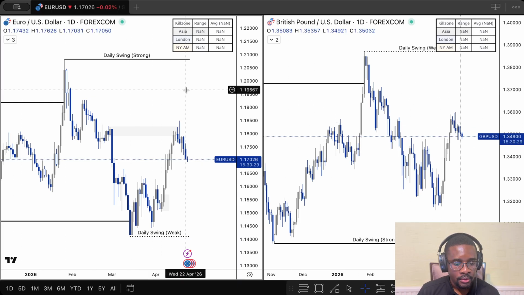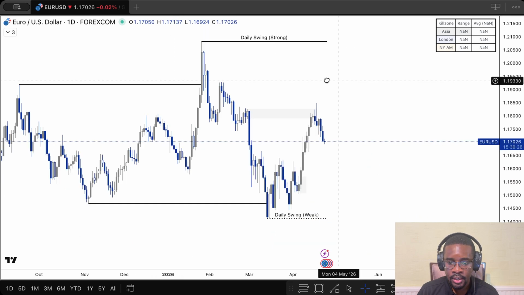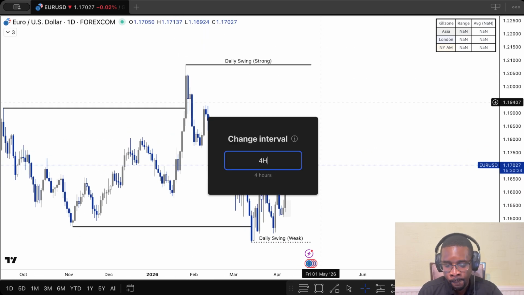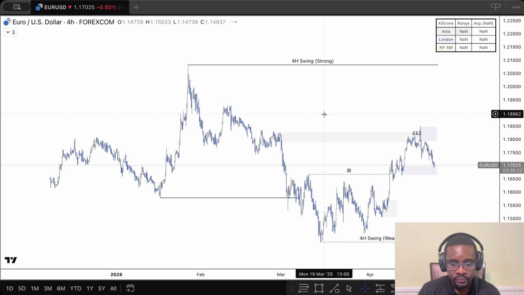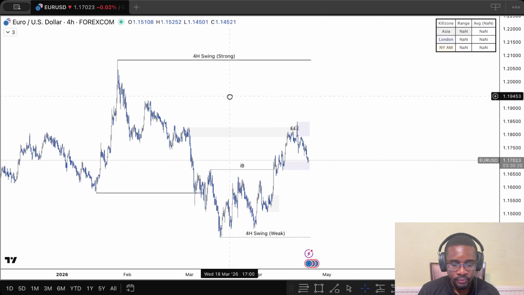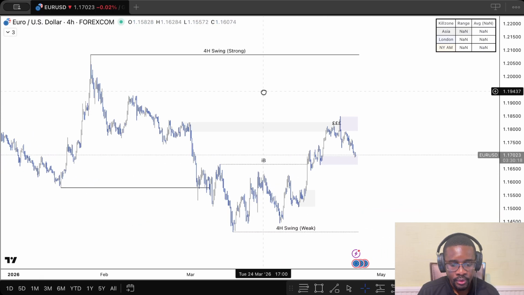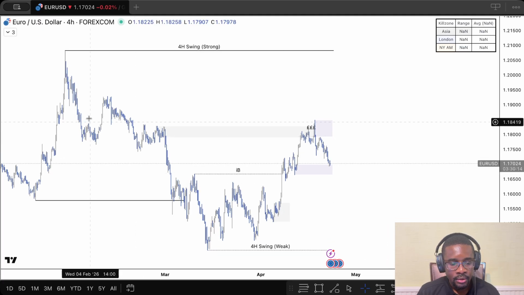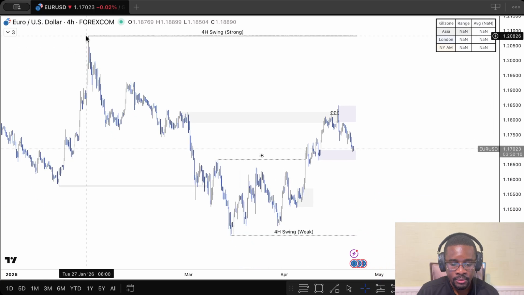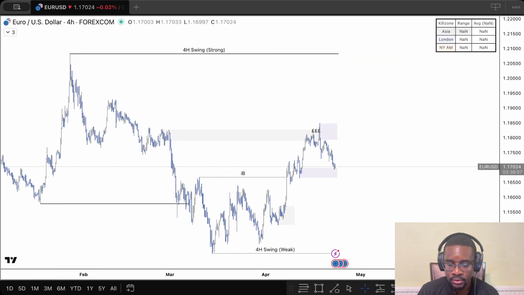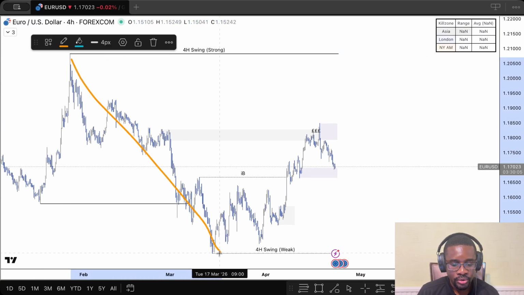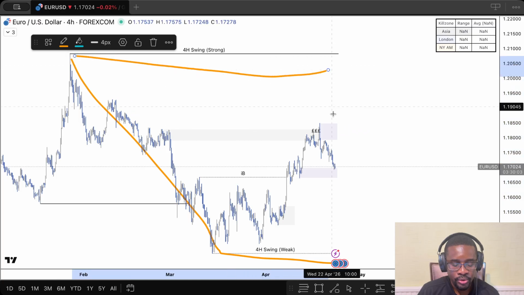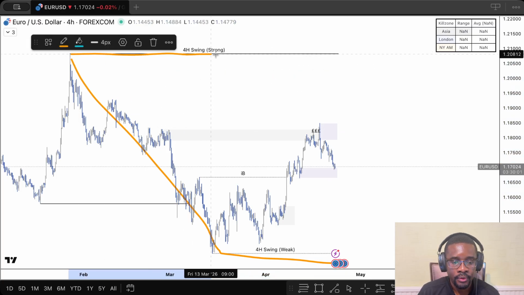So let's look at the Euro USD and let's see the 4-hour. So this is our 4-hour. Already we can see that this is our range, the swing range that we're working in.